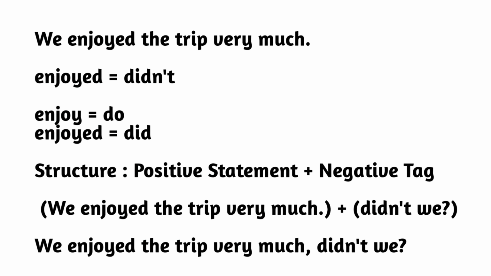The do verb inside enjoyed is did. The structure is positive statement plus negative tag. We enjoyed the trip very much, positive statement, plus didn't we? Negative tag. We enjoyed the trip very much, didn't we?